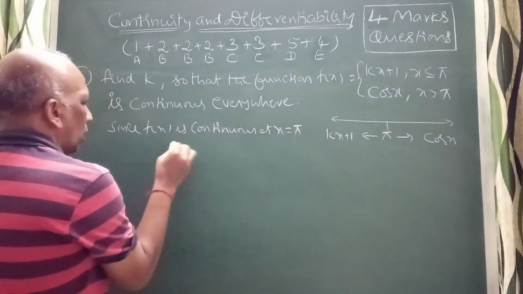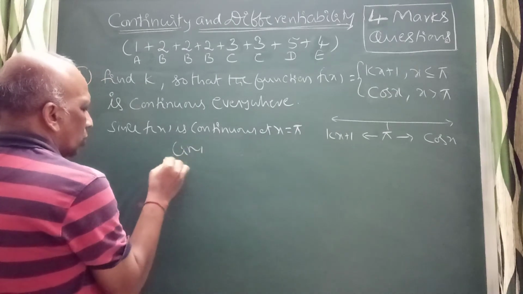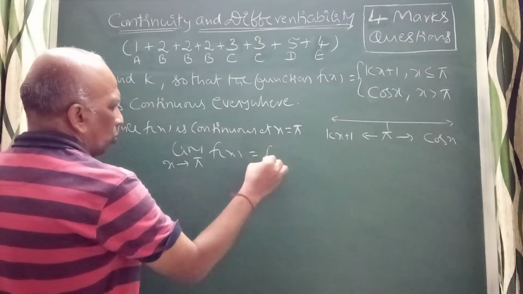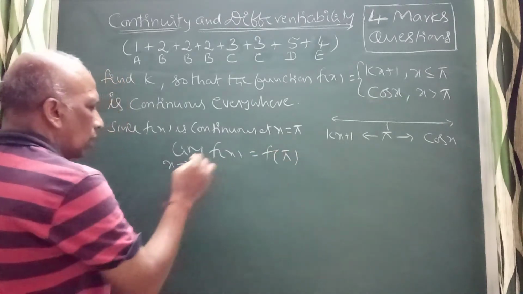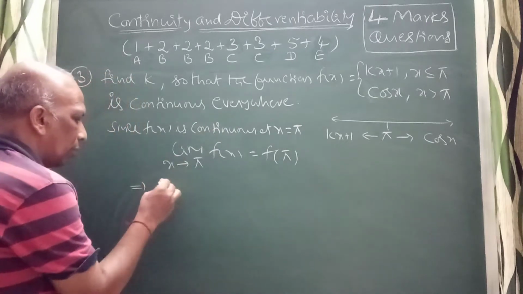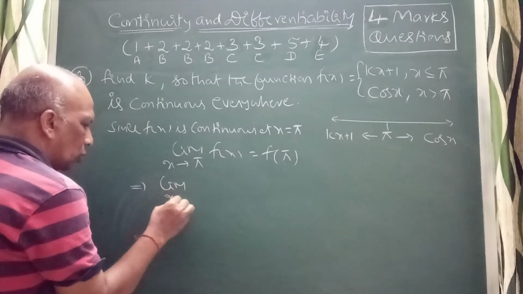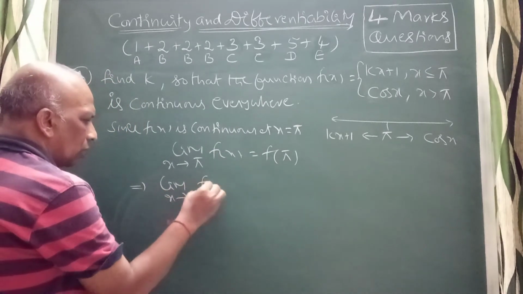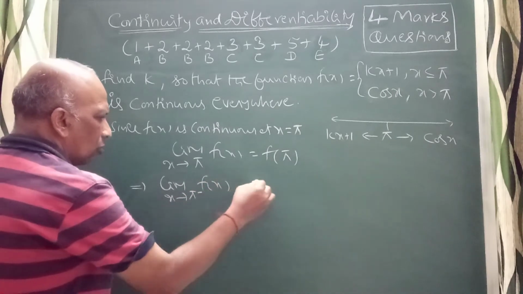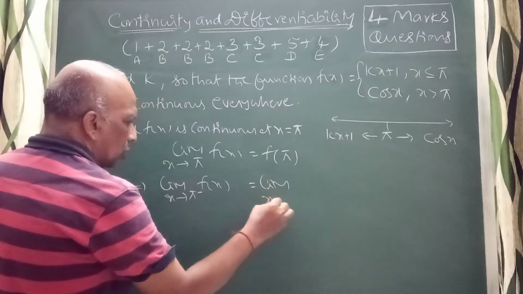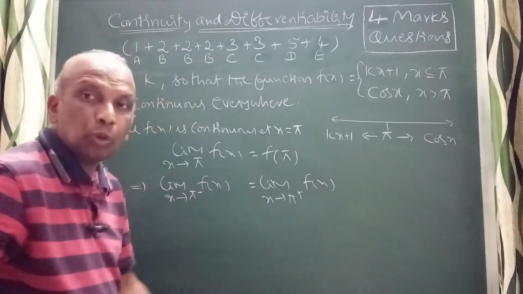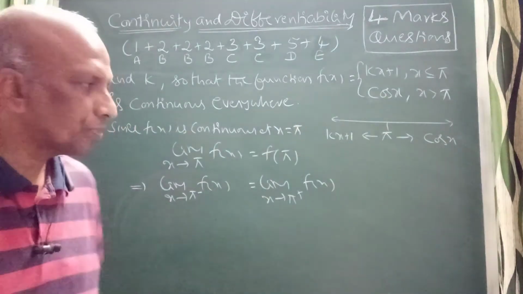Now I can write limit x tends to pi of f of x is equal to f of pi. Now since the limit exists, left limit is equal to right limit. Limit x tends to pi minus f of x equal to limit x tends to pi plus f of x, both equal to f of pi only.